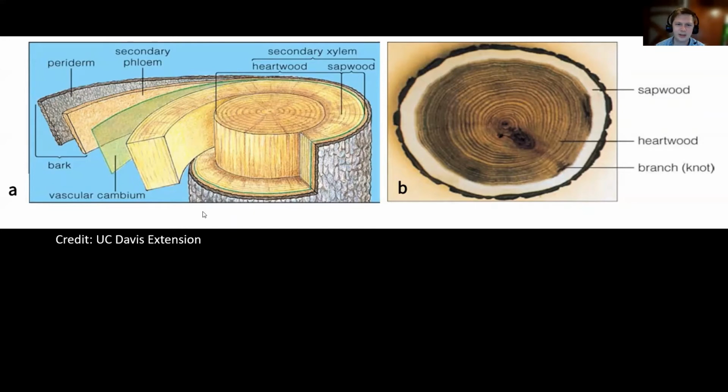To show you another perspective, on the right-hand side, this cross section breaks down the heartwood from the sapwood. Technically all of this is xylem, but the sapwood is where a lot of the water and nutrient movement from the ground occurs.